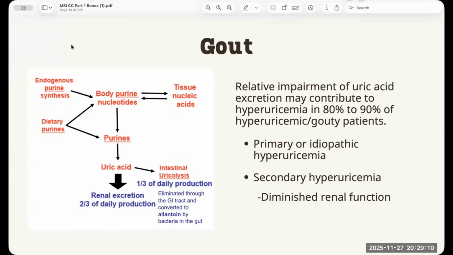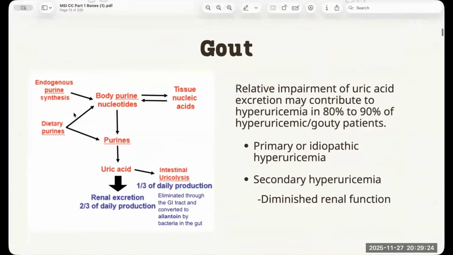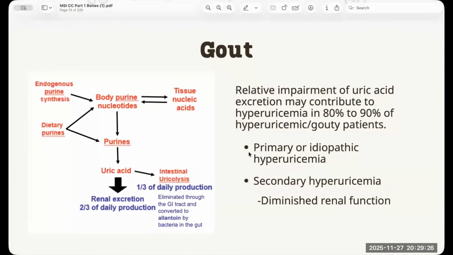This picture here shows the different sources of gout. We have endogenous purine synthesis, which is inside our body, that we just mentioned here. And we have the dietary purines, which we later talk about, which foods in specific cause purine nucleotides.